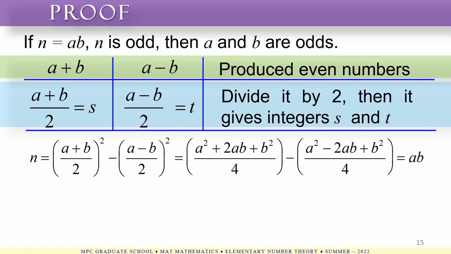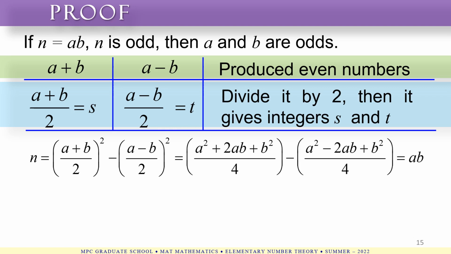Then next, we're going to expand (a plus b) squared. It will give us (a squared plus 2ab plus b squared) over 2 times 2, that is 4, minus the quantity of the expansion of (a minus b) squared, which is (a squared minus 2ab plus b squared) over 4.